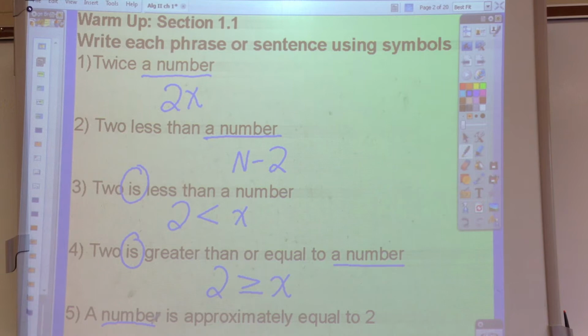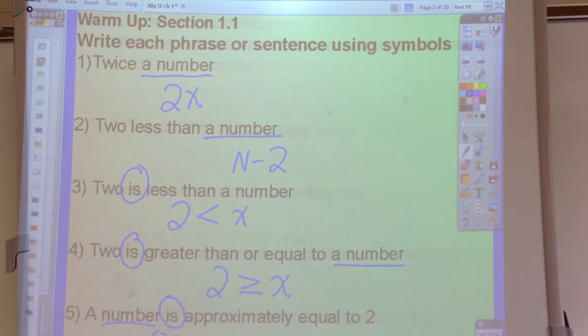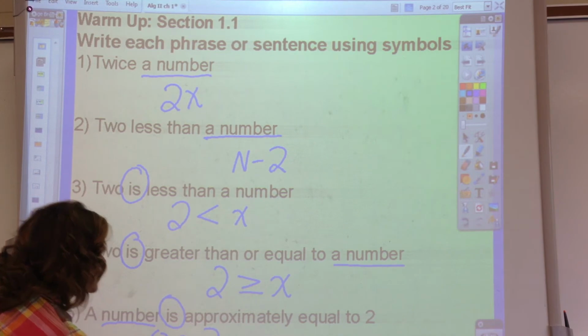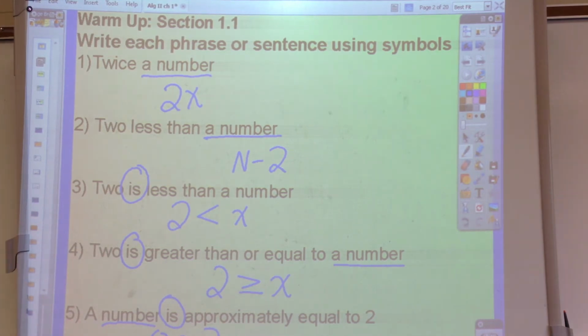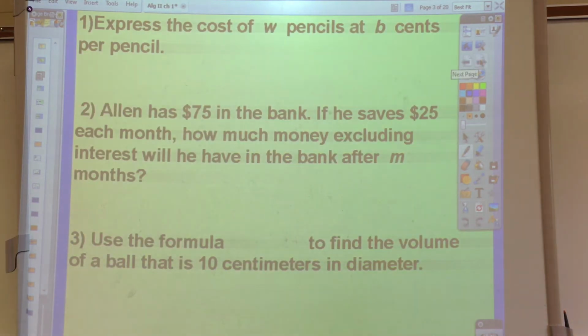Here we have another verb. Now let's use a different variable this time. Let's say q is approximately equal to 2. Now again, I have my 2, and the approximately equal sign is kind of like an equal sign with a squiggle. All right, now let's move into some examples, now that we've got our warm-up done.